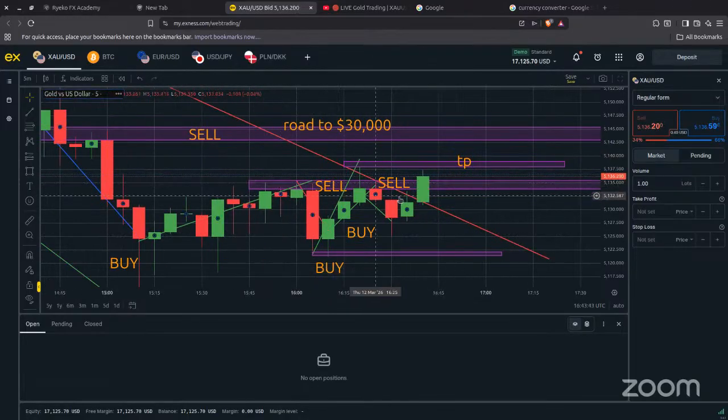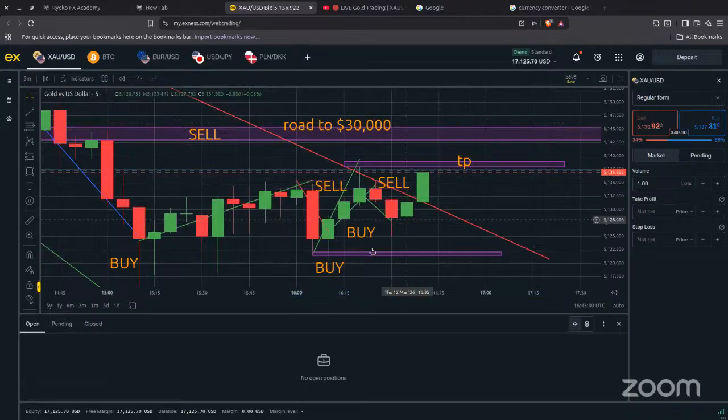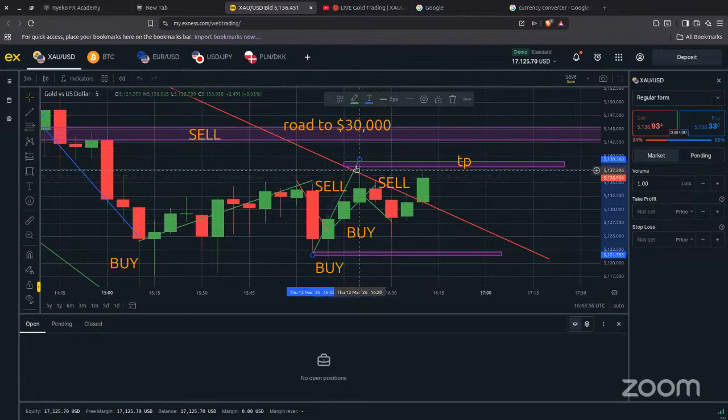Some things have to be deleted. So you look at the previous high here. By taking your small profits, your account will go up.